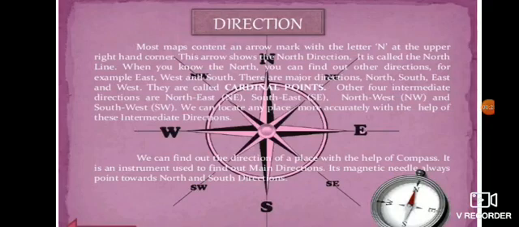Once we know the north, all other directions can be understood. By seeing the north line on the map of India, we can observe that Himalayas lie in the north of India. Already I have told you that we can find out the direction with the help of a compass. A compass is an instrument having a magnetic needle which always points to the north.